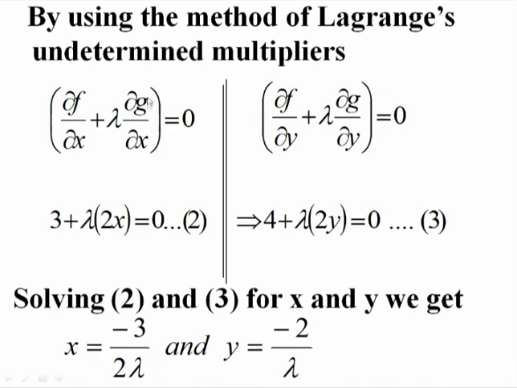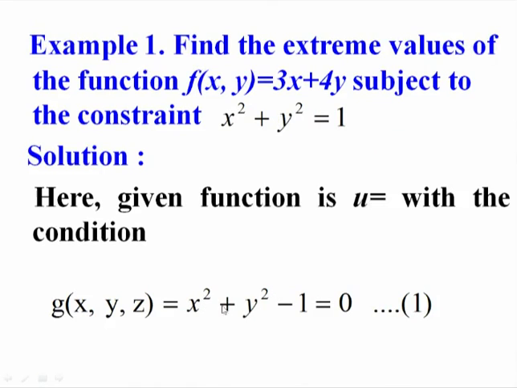Now g is x square plus y square minus 1. So ∂g/∂x is 2x, and ∂g/∂y is equal to 2y. The partial derivative of g with respect to x is 2x, and the partial derivative of g with respect to y is 2y. Okay, fine.